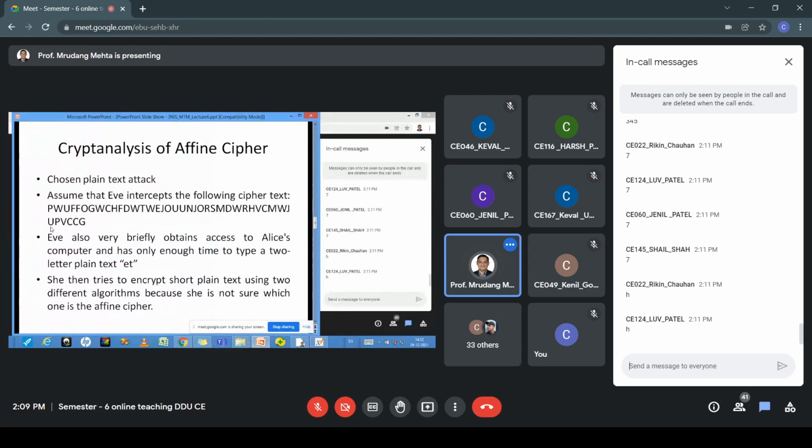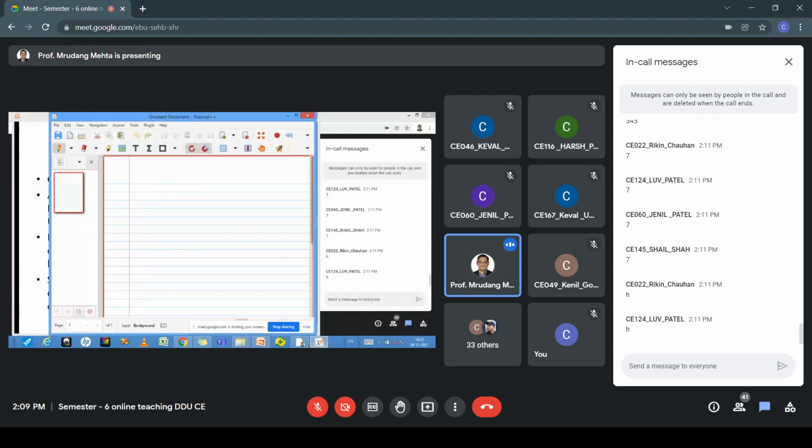So let us assume that you are an attacker and Eve has access to Ali's computer, right? That is one of the mandatory requirements, because only then will Eve be able to perform the decryption.